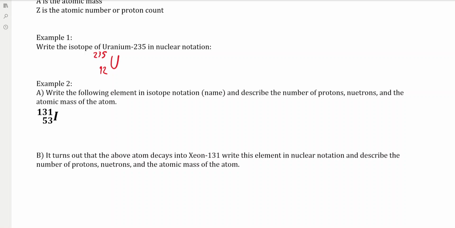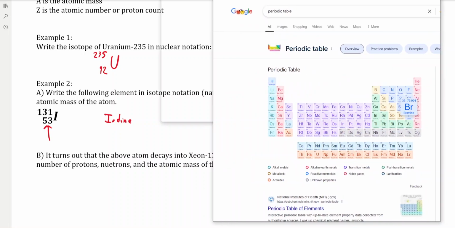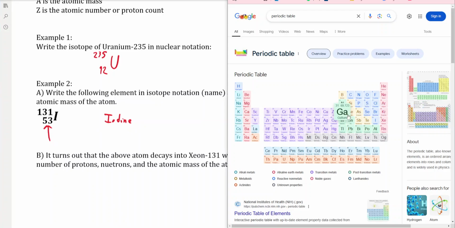All right, pause it here and try example 2. Write the following element in isotope notation and describe the number of protons, neutrons, and atomic mass of the atom. So this is iodine, and if you're not sure about the symbol, that's fine. Check this 53 on your periodic table. I'll just pull up this Google version of the periodic table so you can see what I'm looking at.